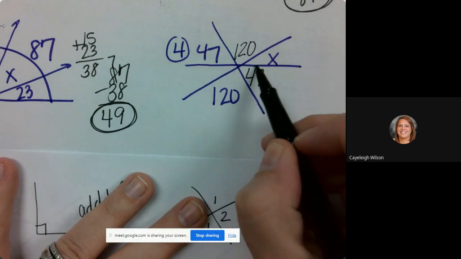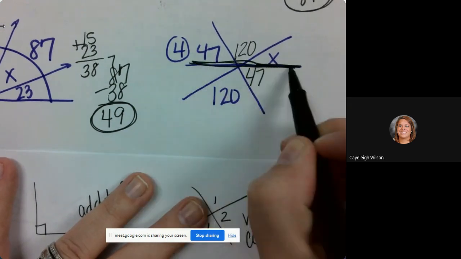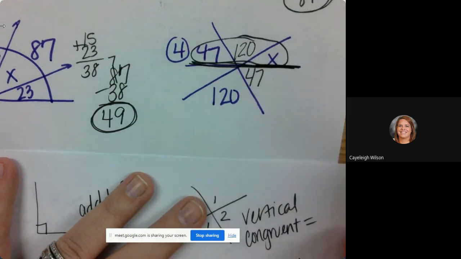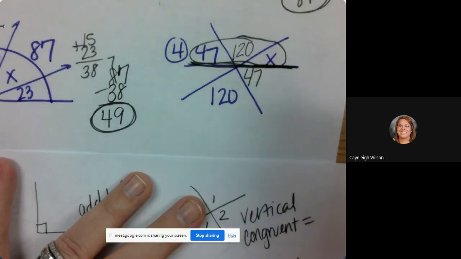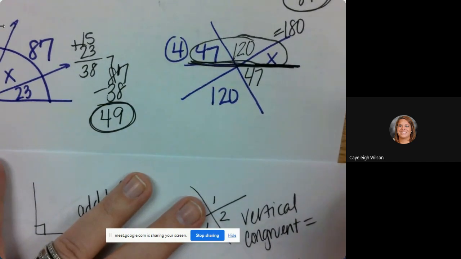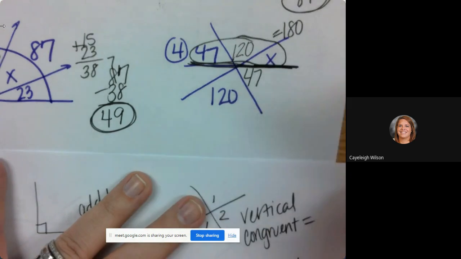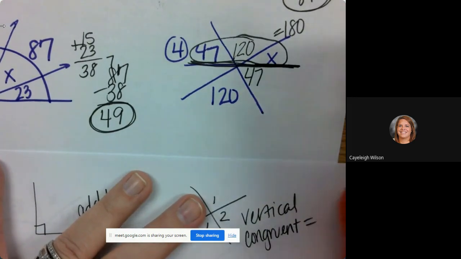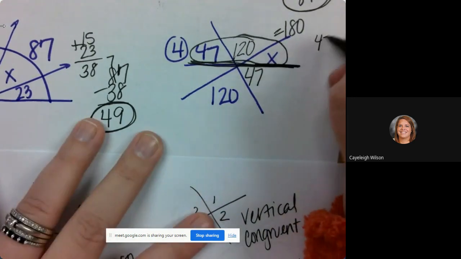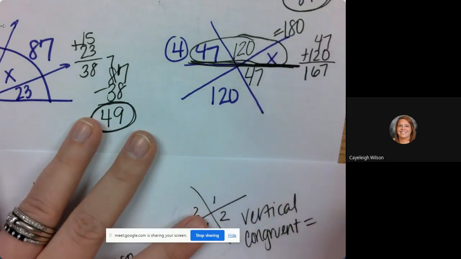I notice that this X is on this line here, which means these three are adjacent angles on the same line, which means they add to 180. Or you could do this straight line, but it's the same three things that add to 180, so it doesn't matter. So this 47 plus this 120 is 167.